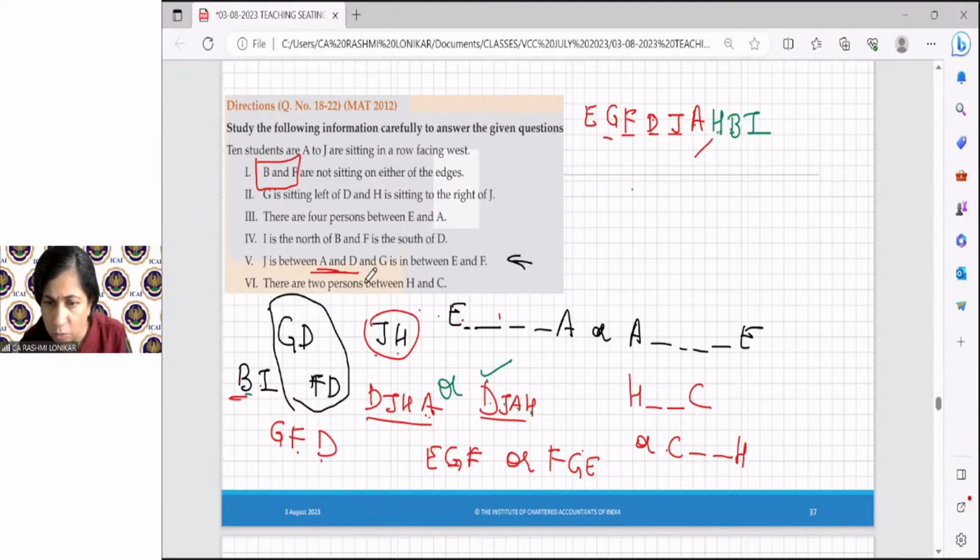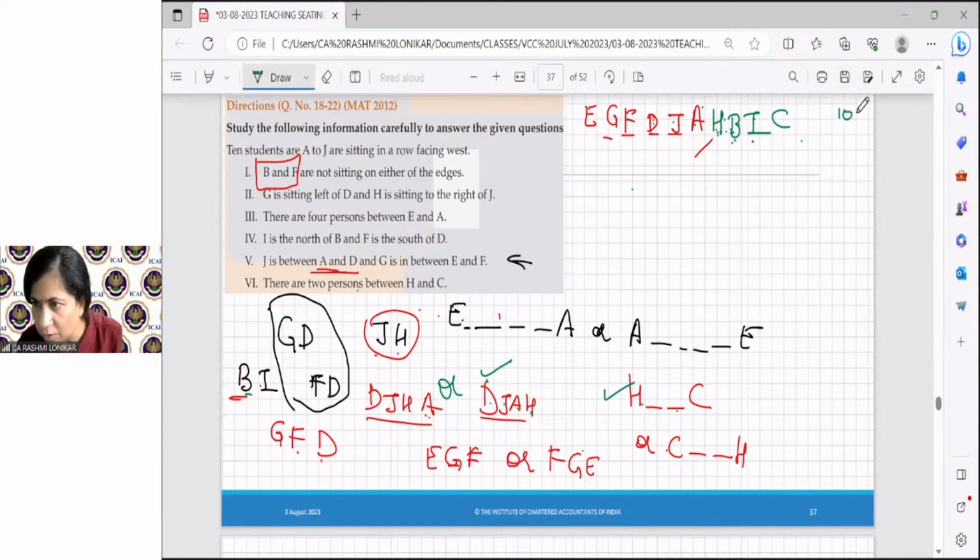And there are two persons between H and C. So I have my H here, 1, 2, and C. So this I have used. Okay. So there are 10 people: E, G, F, D, J, A, H, B, I, C.